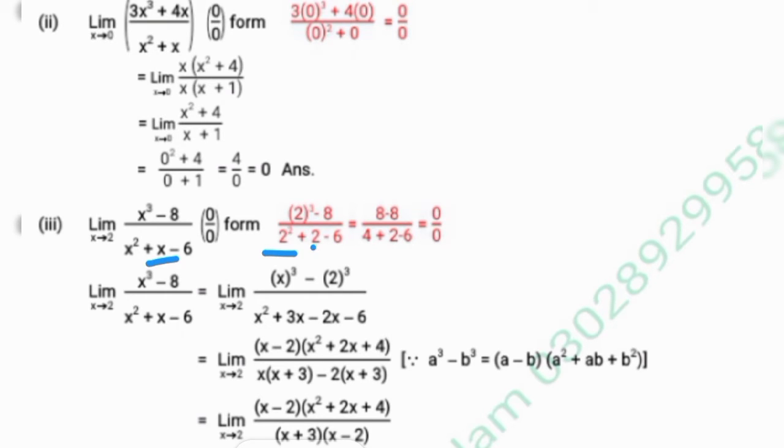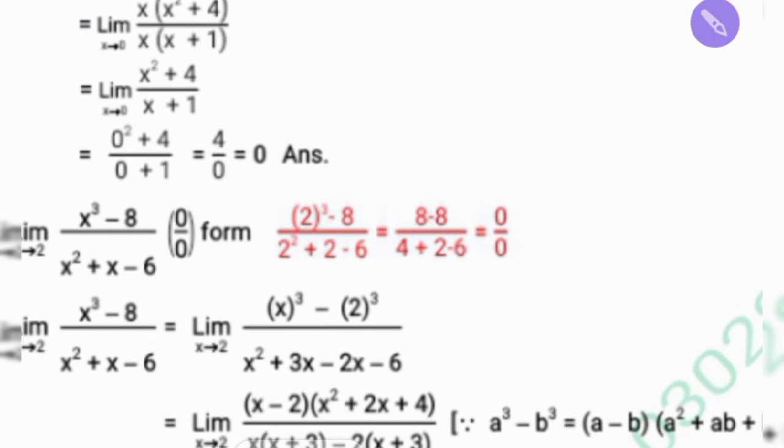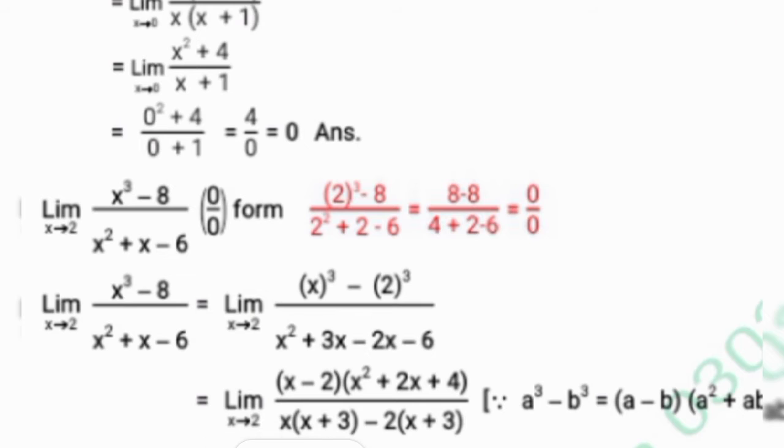There is plus x, the value of x is 2 and minus 6 will be written the same. Now we simplify: 2 cube is 8, minus 8, that is equal to 0. 2 square is 4, 4 plus 2, 6, and 6 minus 6, 0. 0 by 0 form.